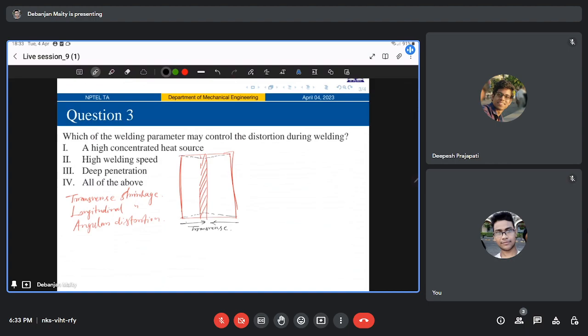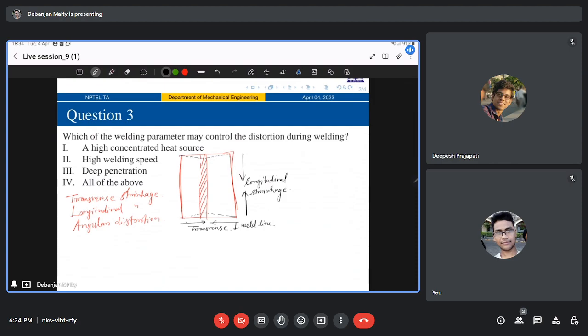This is my transverse one, right? That is perpendicular to the weld line. Correct? And then you have your longitudinal shrinkage. How does it occur? It occurs parallel to your weld line. As simple as that. So your longitudinal will be in this direction. Correct? So this is my longitudinal shrinkage.